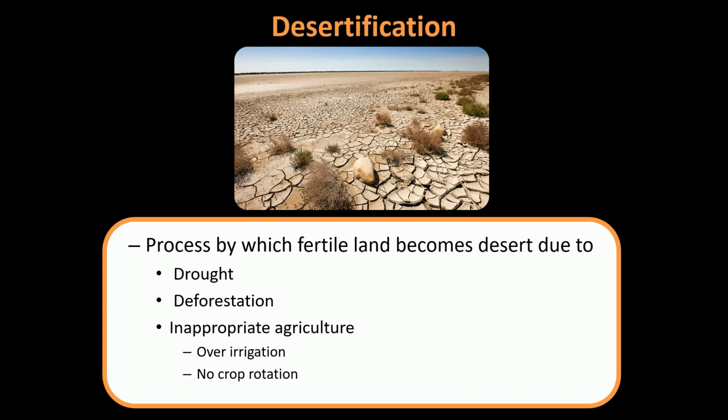We also have over-irrigation as an issue, and I've had students ask me before, don't you mean under-irrigation? How could increasing the amount of water applied to soil cause a desert? It does sound like a paradox, but it's true. Groundwater, which is what we pull up through wells in order to irrigate our crops, has a higher salt content than, say, rainwater or a lot of surface water, because it's been down there mixing in the rock.